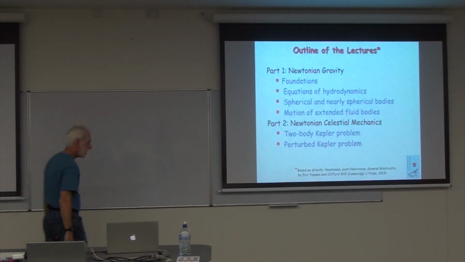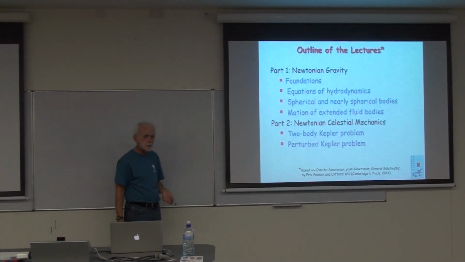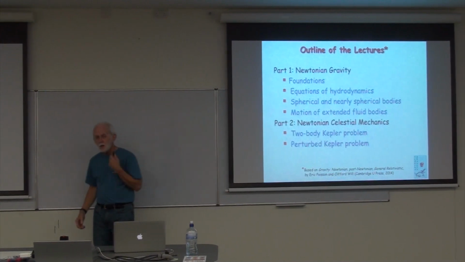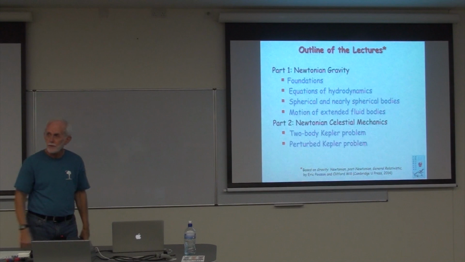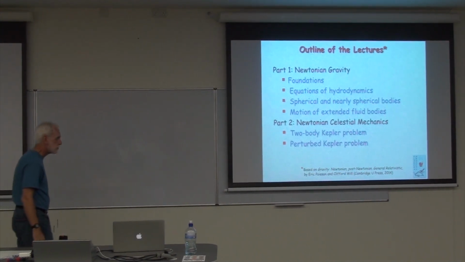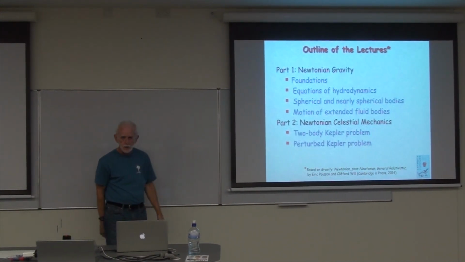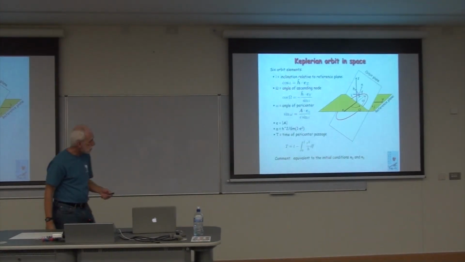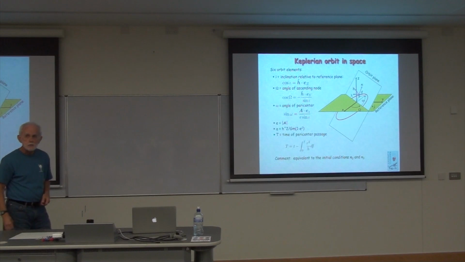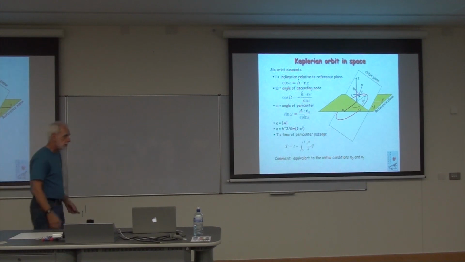So the real world has lots of perturbations, and to the extent that they are small, we'll now discuss a way in which you can solve for orbits in a perturbative sense by including these extra bits. The first thing we have to do is talk about the two-body orbit more generally.